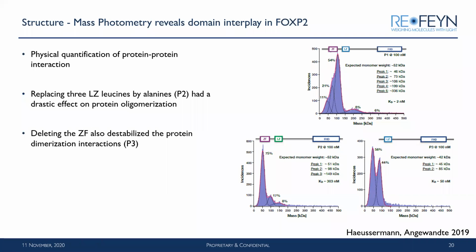And you can quantify and study it in a really simple and easy way. Another modification that you can do is deleting part of it. Specifically, this is the ZF, which stabilizes the protein, and basically also dramatically changes the oligomeric state of the protein.